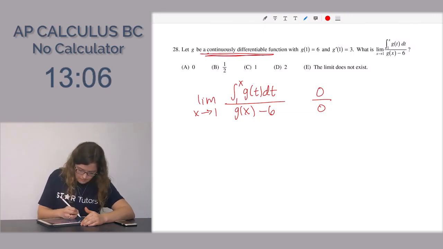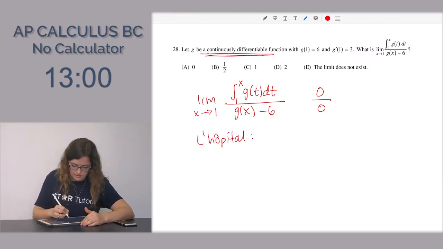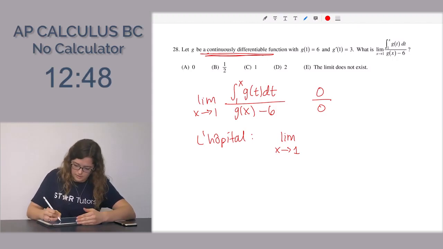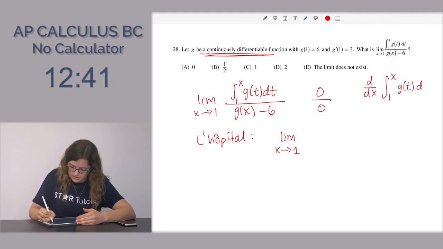L'Hopital tells me that the limit is going to be the same as the limit of the derivative of the top over the derivative of the bottom. So we're not doing quotient rule, we're just taking the derivative of the top and the derivative of the bottom separately. The derivative of the top is the derivative with respect to x of this integral from 1 to x of g of t dt.